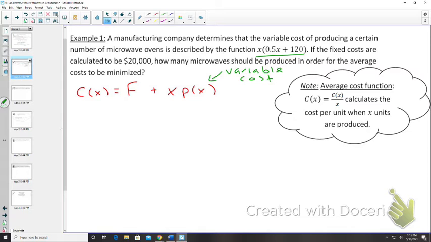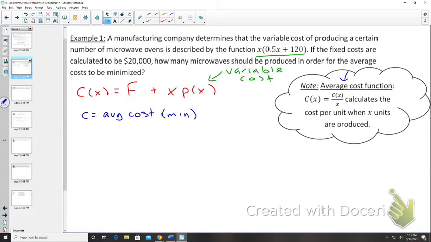So let's set up this equation here. C is going to be my average cost per unit. Note we have our formula to calculate the average cost per unit. We're just going to divide the cost function by how many units we produce. So C is going to be our average cost. Remember, this is a minimum function.